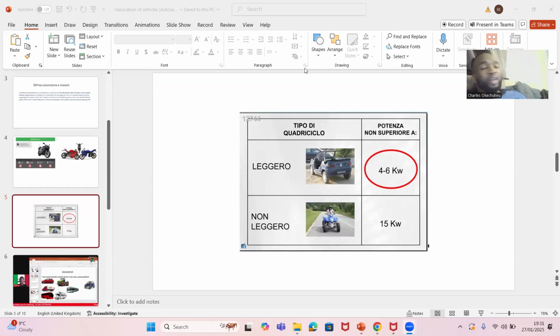Concerning motorcycle, their horsepower is superior to 6 kilowatts. Their horsepower starts from 11 kilowatts up to 15 kilowatts. It is either 11 kilowatts or 15 kilowatts. In case you see them in your quiz, it is either 11 kilowatts or 15 kilowatts. If it is leggero, you will see it is from 4 to 6.